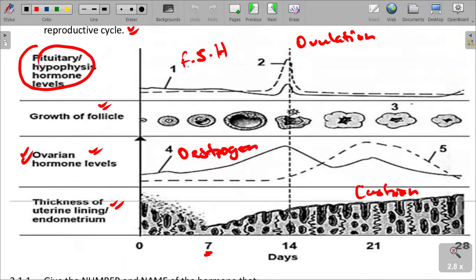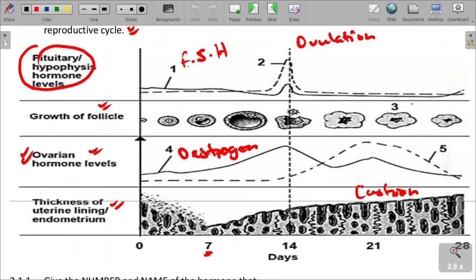Give reasons from the graph to explain why the woman is not pregnant. The pregnancy is not there because of what? The corpus luteum is shown there at day 14 after ovulation, which is forming there.